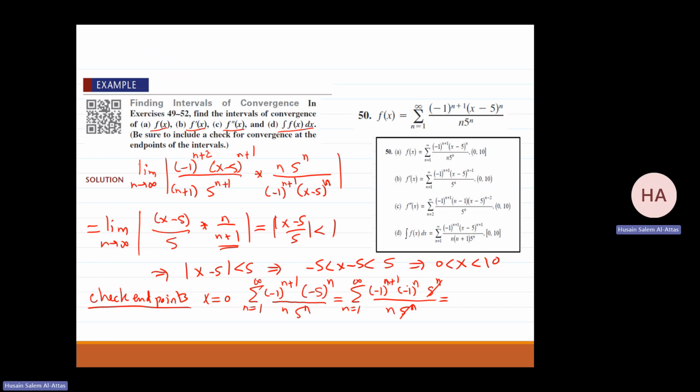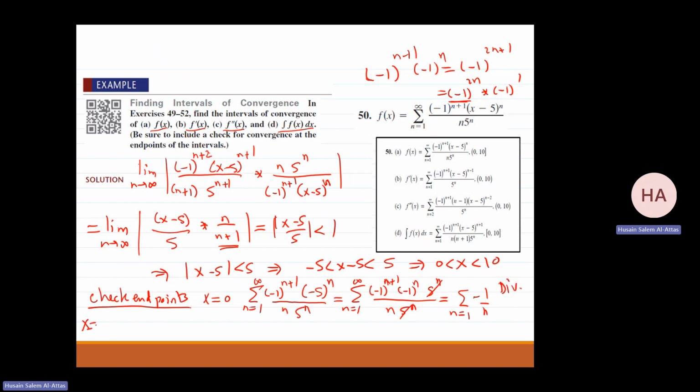This cancels. Minus 1 to the power 2n plus 1, where 2n will be gone because minus 1 to the power 2n is 1. So the answer is minus 1. So I have minus 1 over n, which diverges.